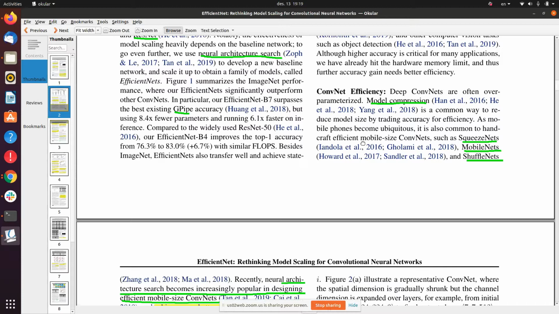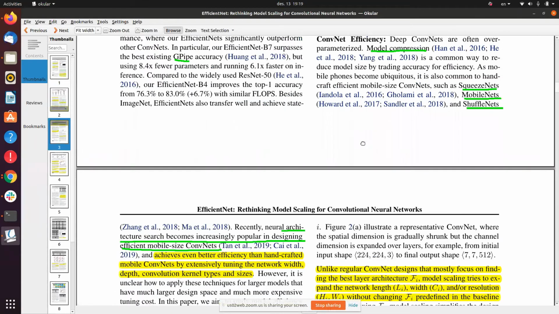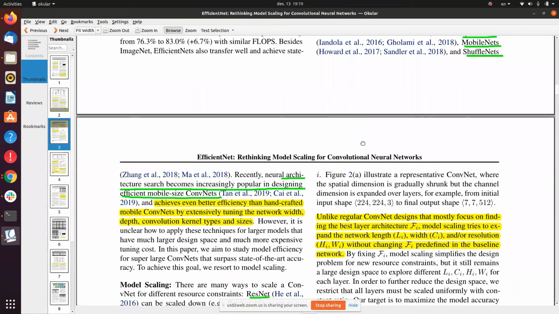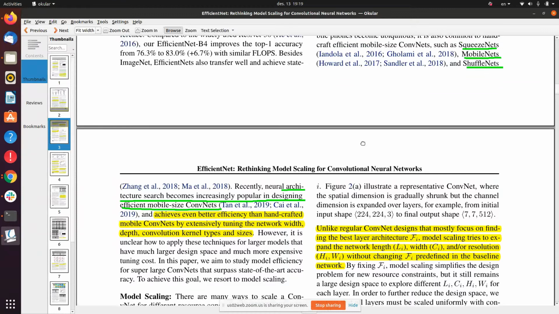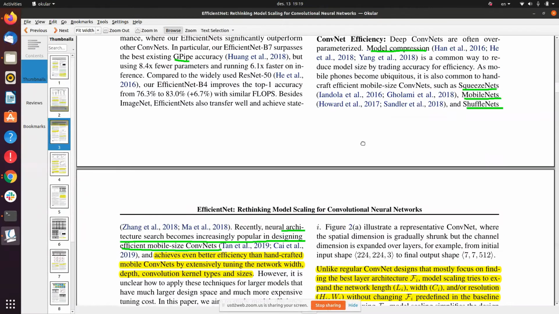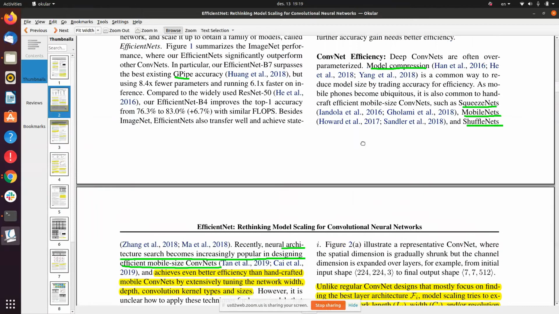Then people came up with depth-wise convolution, which is what MobileNets came up with. Then SqueezeNets, ShuffleNets. These are all works that concentrated on how to improve the efficiency of convolutional neural networks. So this section completely gives the papers or literature on which approaches concentrated on convolutional efficiency.